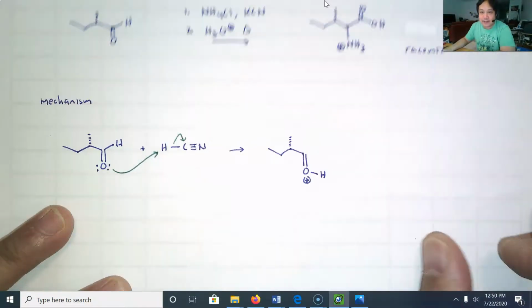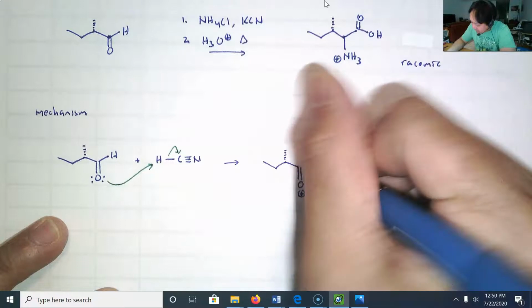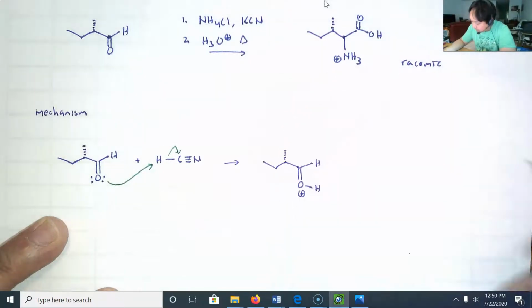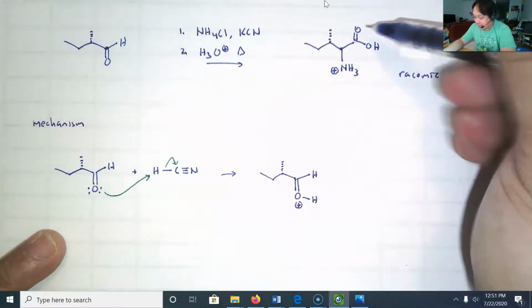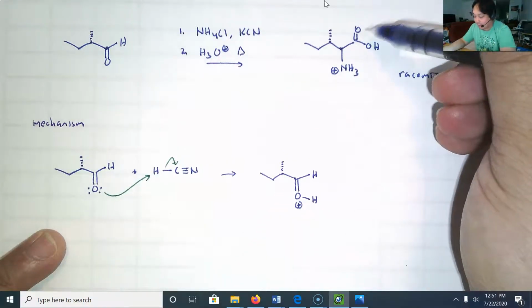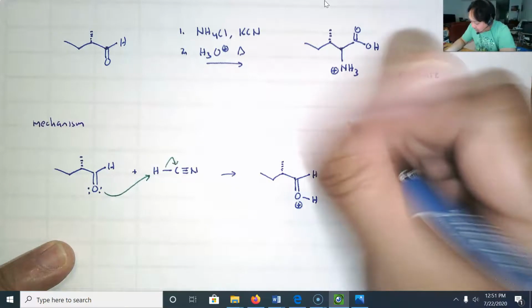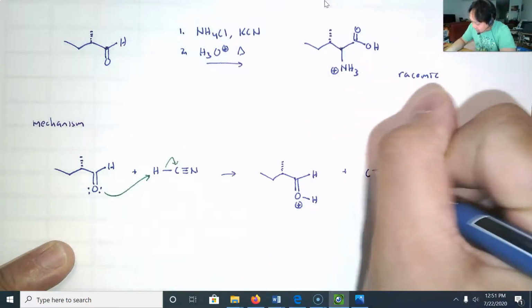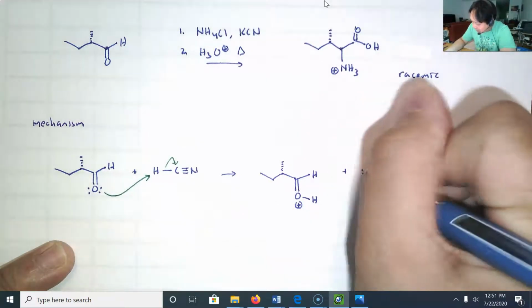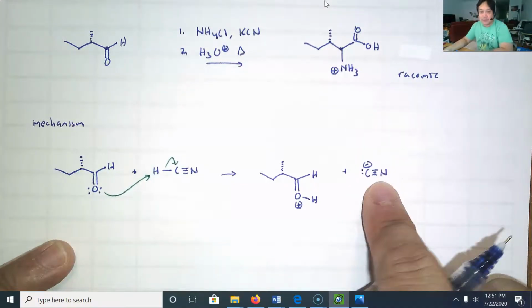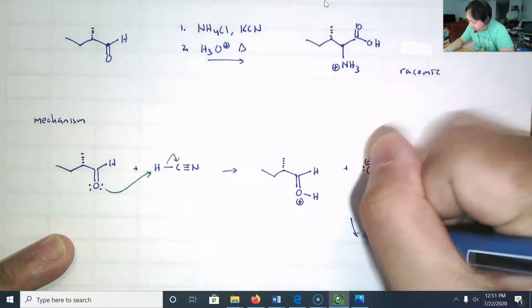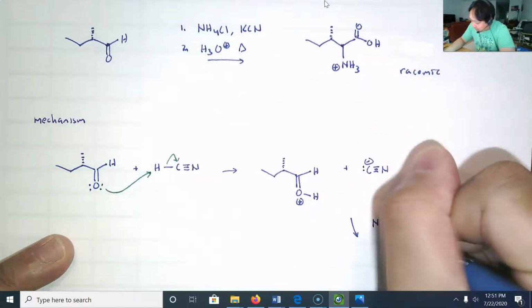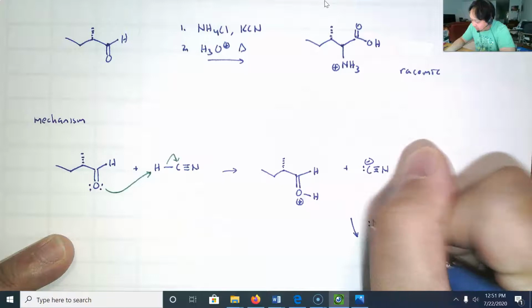Very interesting, because that O is not this O, right? This O came from the hydrolysis of the nitrile. But anyway, we get this. Okay, that's what was left over. But we're not going to attack with the cyanide. We're going to attack with the ammonia to make, hopefully, an imine eventually.